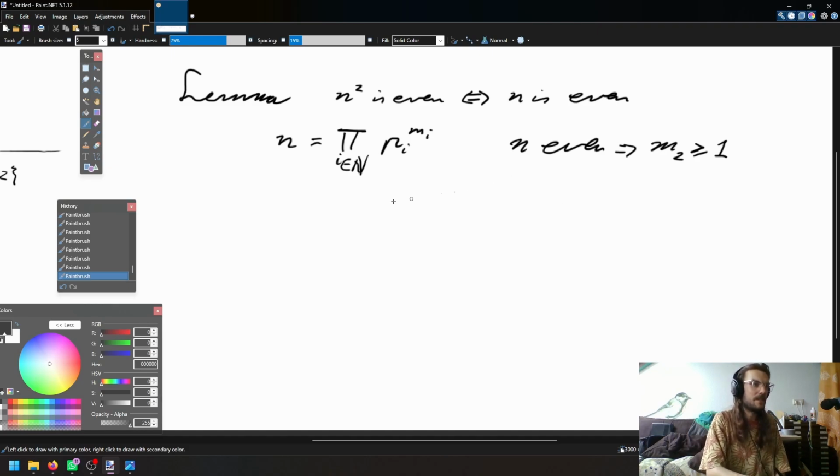And we know that when we square a number, its prime factorization is going to be 2m_i, with the same p_i's as here.